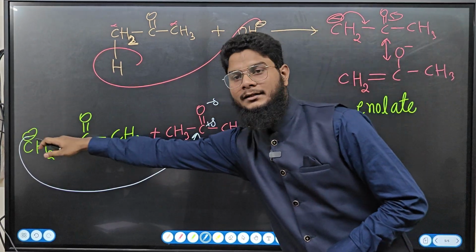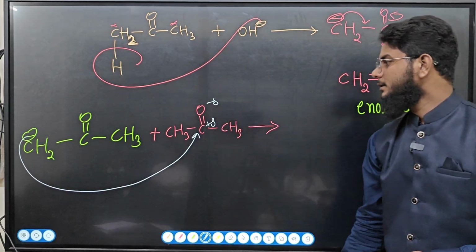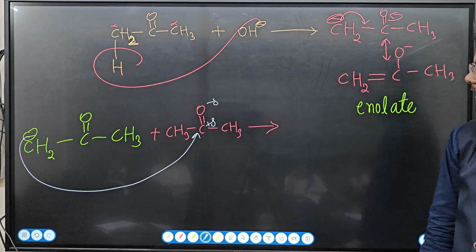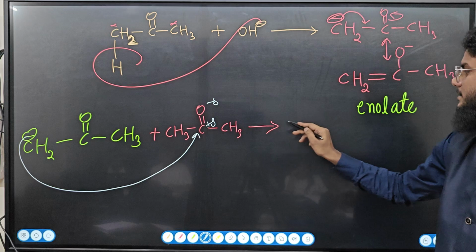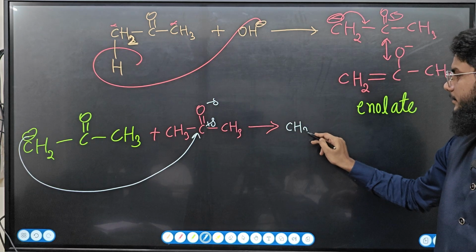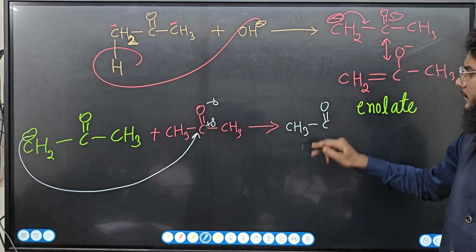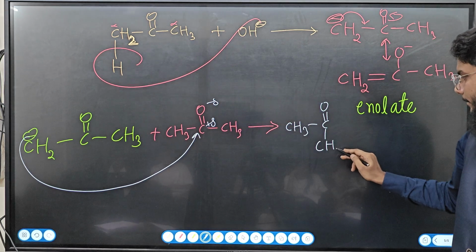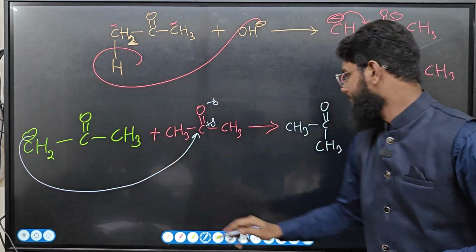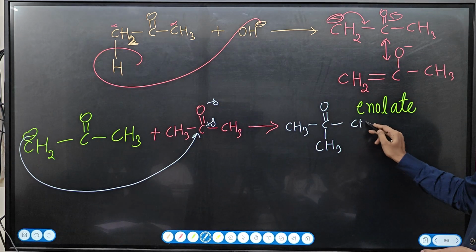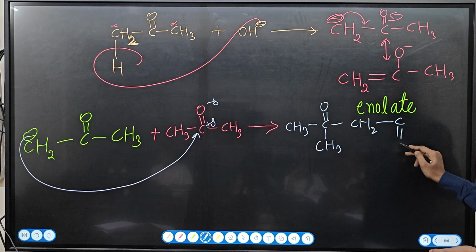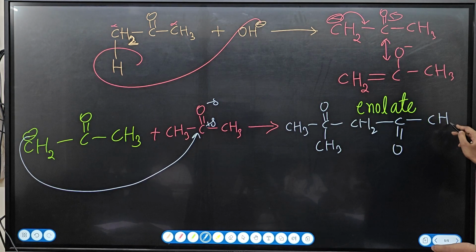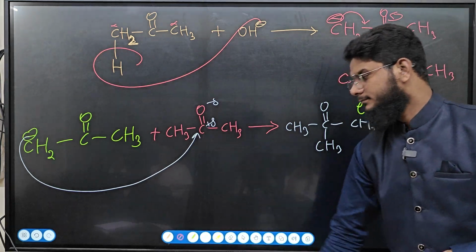So nucleophile will attack on this carbon and they will combine together. How to write? Write down this first, CH3 CO, and write this CH3 in the bottom side, and now join that part. So you have CH2 CO and CH3, this one.